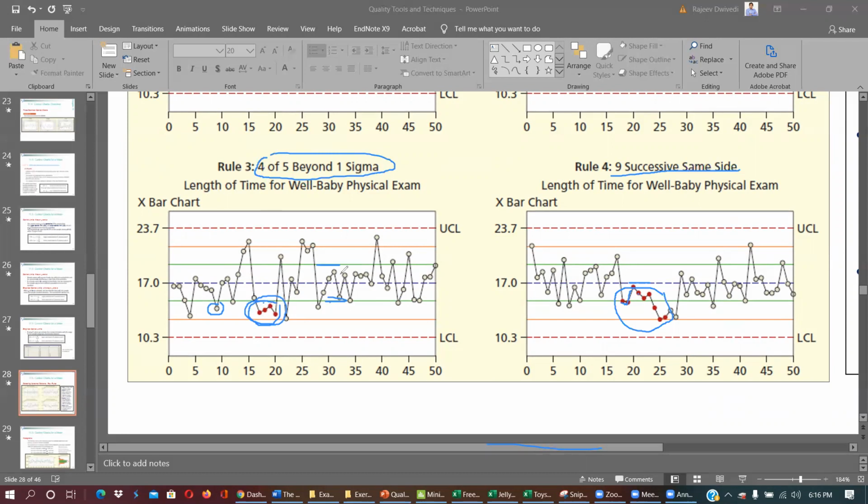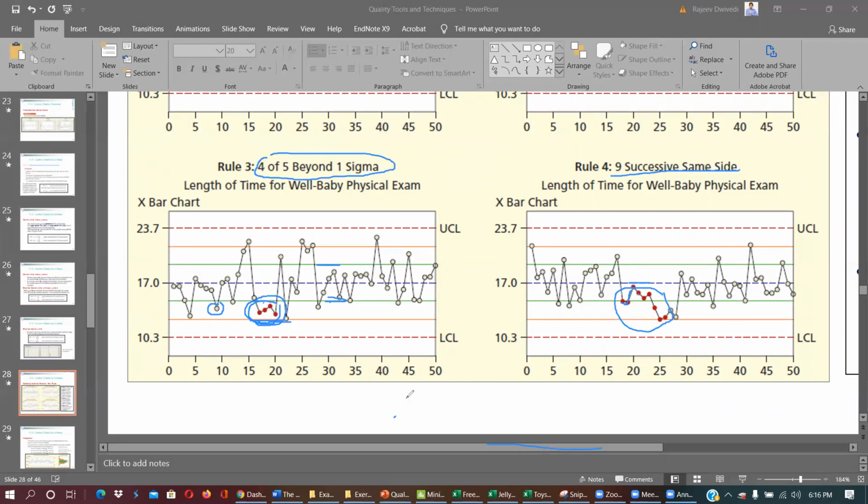What is the interpretation that you can get from here? Any process at these points, in between these 15 to 20 points, why are all observations, all the process, moving towards one side? Probably there is some issue in the machine or something.